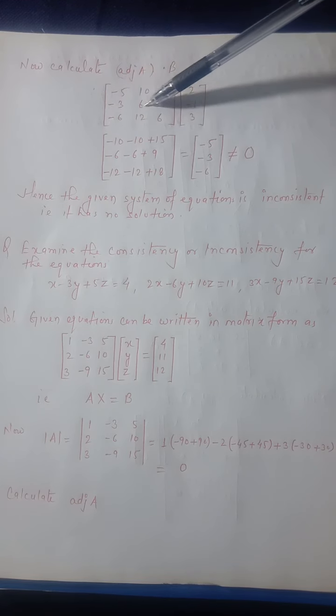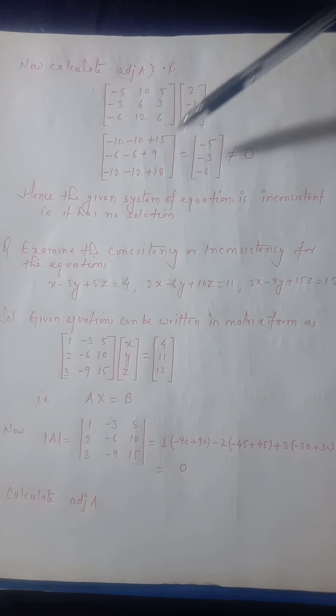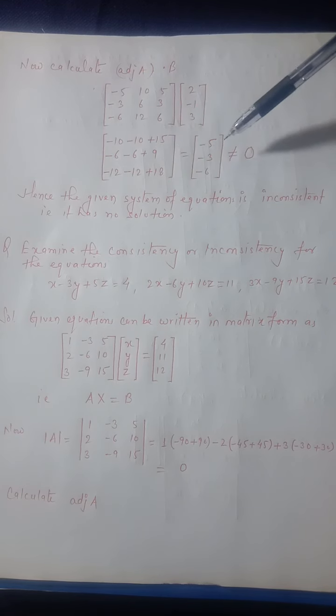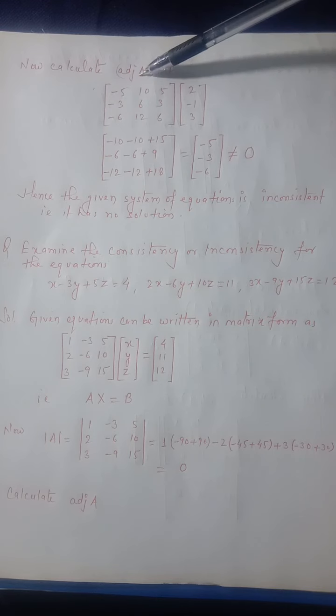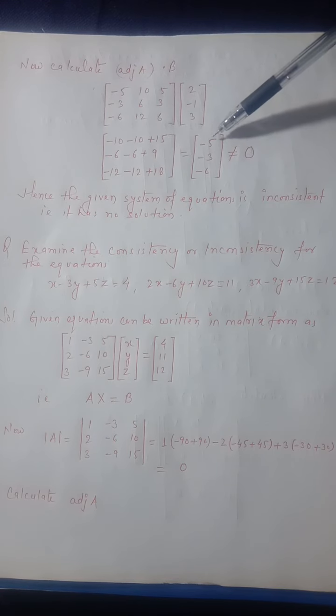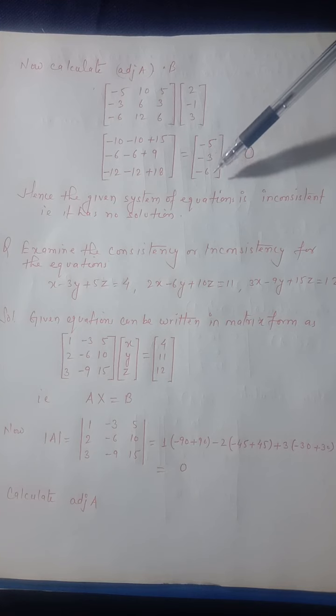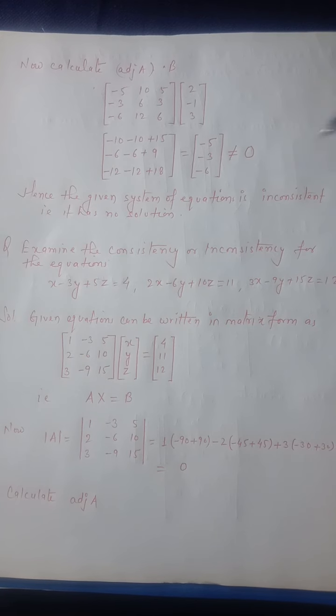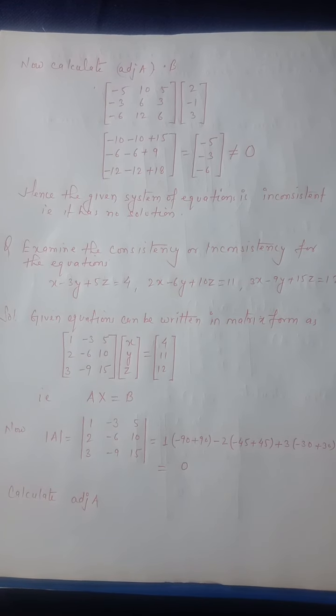Similarly, when the second row is multiplied with the first column, you will get this and this. So the final value of adjoint of A into B is a matrix which is minus 5, minus 3, minus 6, and here it is not a null matrix. So according to the chart, the given system of equations is inconsistent or it has no solution.